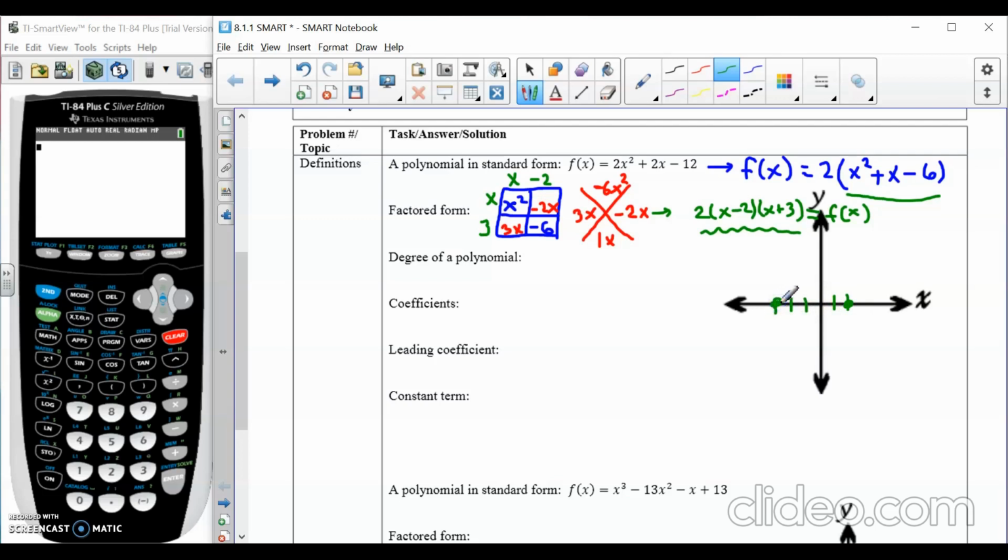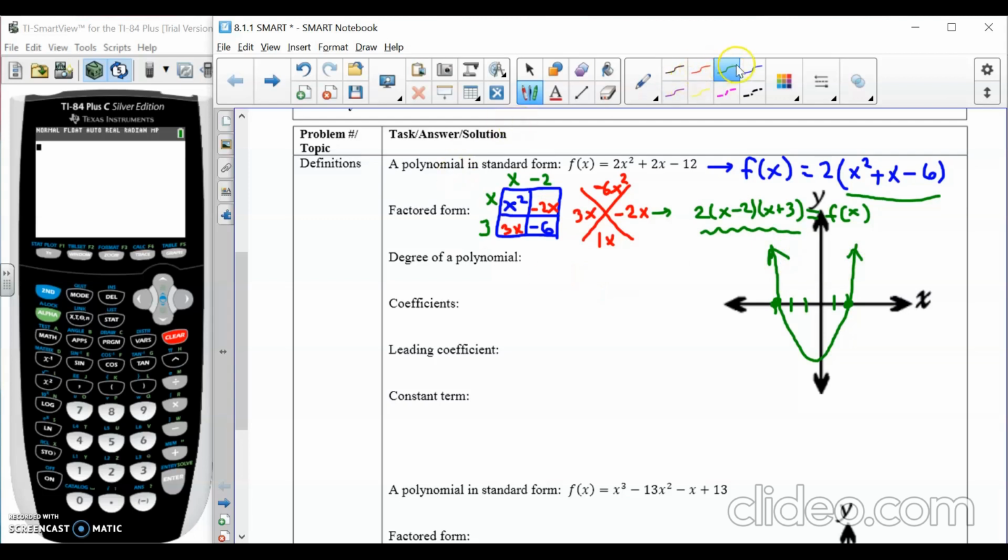And that's about as specific as I'll require you to go on the graph for now. Of course, your y-intercept is going to be actually at negative 12, so this graph is going to be pretty long, but we're just going to go ahead and make a little sketch here. This is going to be a little rough. But, alright, so that's our sketch of our graph.